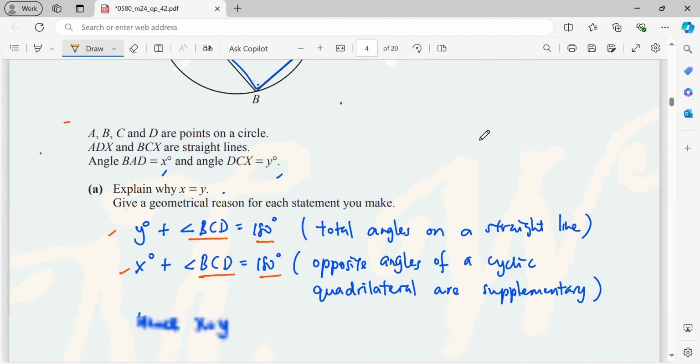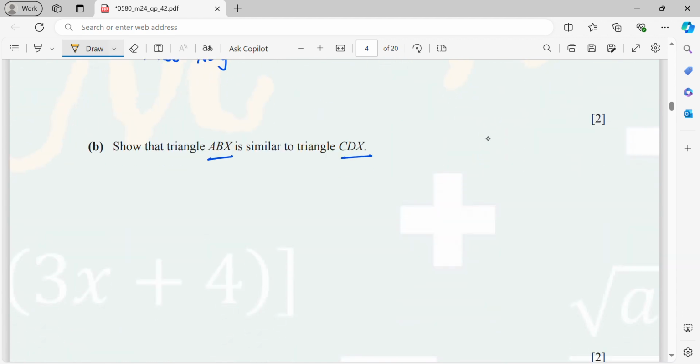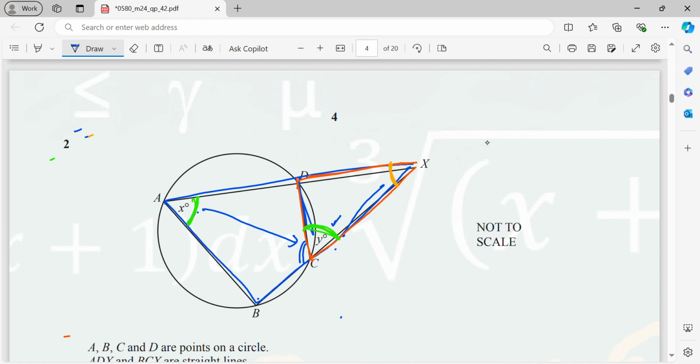So the first point is angle AXB equals angle CXD. You see here, both are also X, the yellow color.